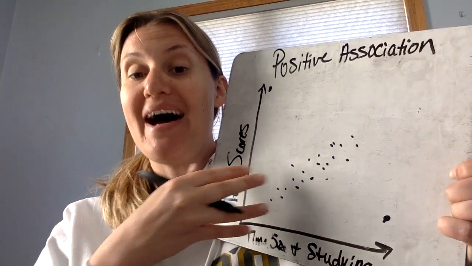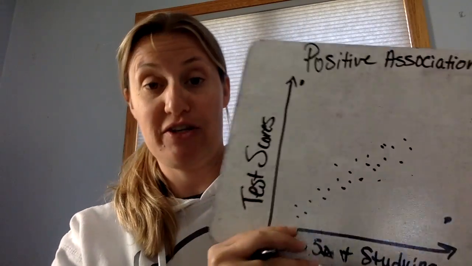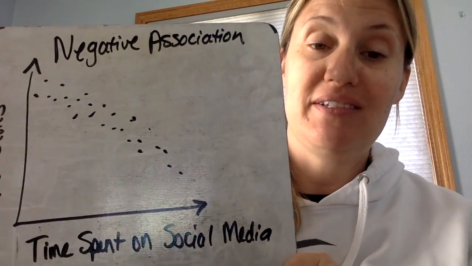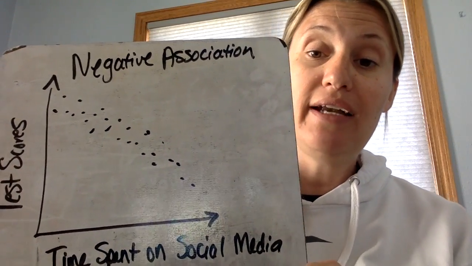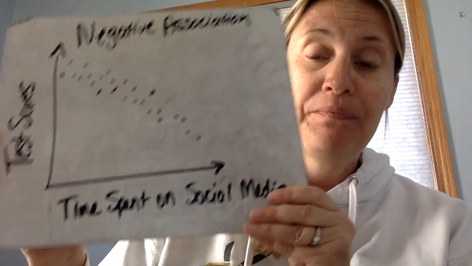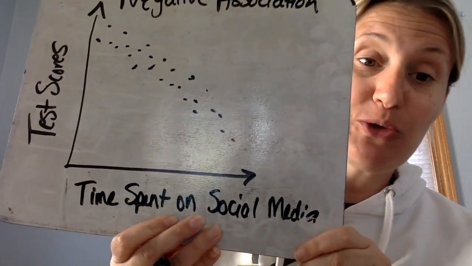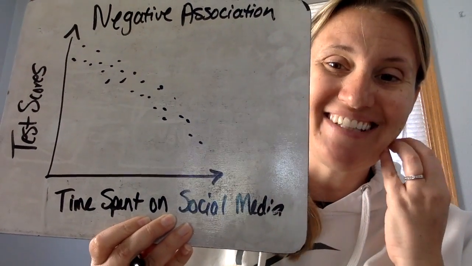So this would be a positive trend. The more time you spend studying, the higher the test scores go. This is an example of a negative trend, negative association, or negative correlation, whatever word you use, they all kind of mean the same thing. Okay? And this time our x-axis is time spent on social media, and our y-axis is test scores.